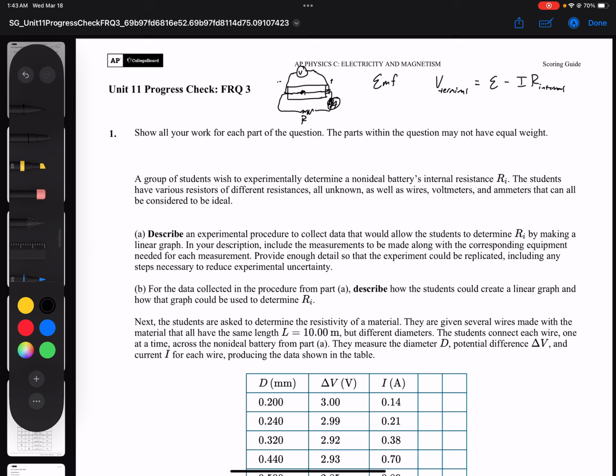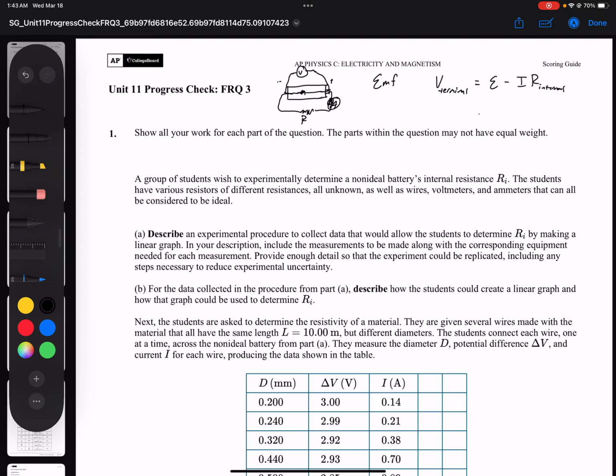And then you're going to make a graph of the terminal voltage of the battery with respect to the current going through the battery. In other words, the voltmeter reading with respect to the ammeter reading, and the slope is going to give you the internal resistance of the battery. So let's linearize this, right?